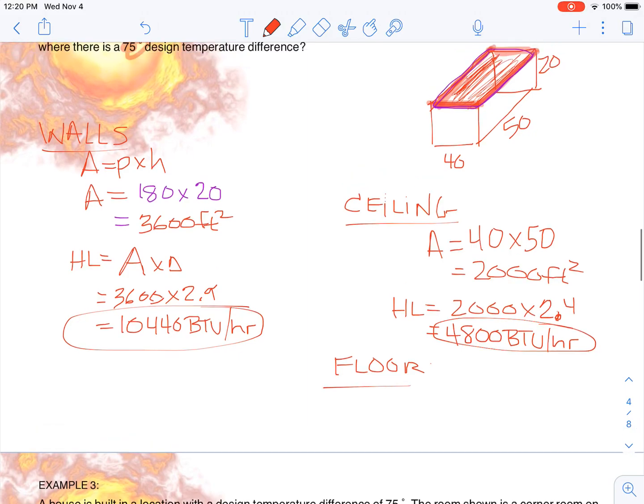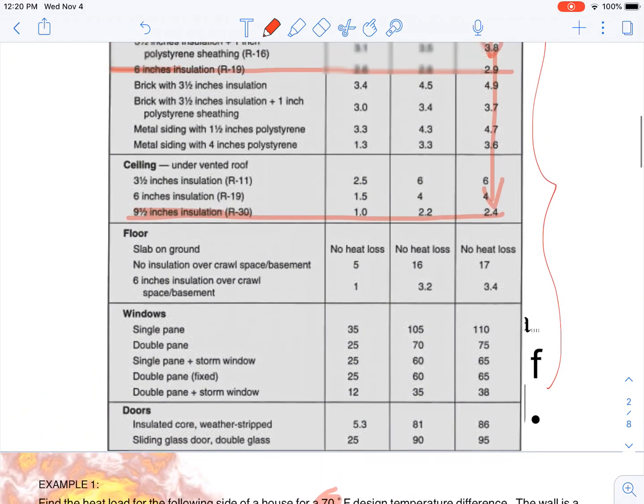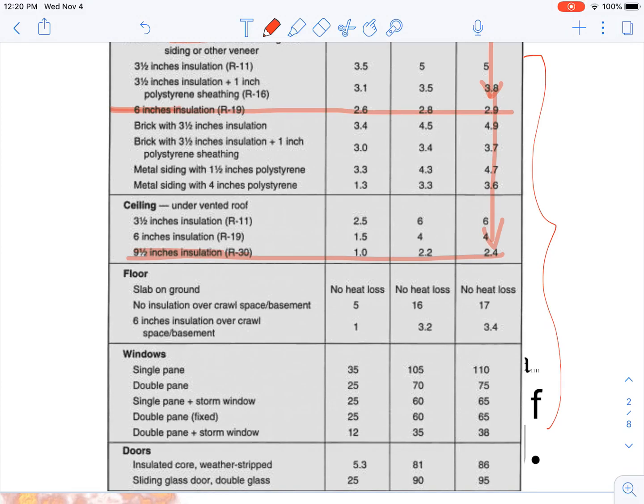Our floor said that it was built on a concrete slab. So let's look at our floor. Oh, we're lucky. Floor on the ground, which is a concrete slab, says that there is no heat loss there.